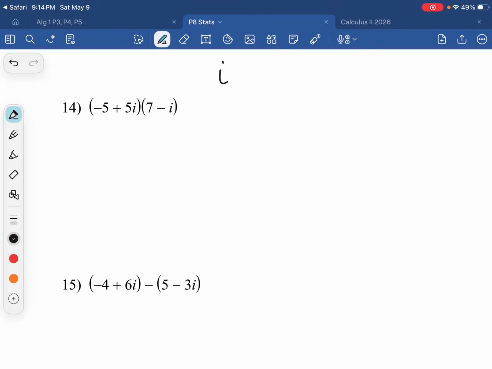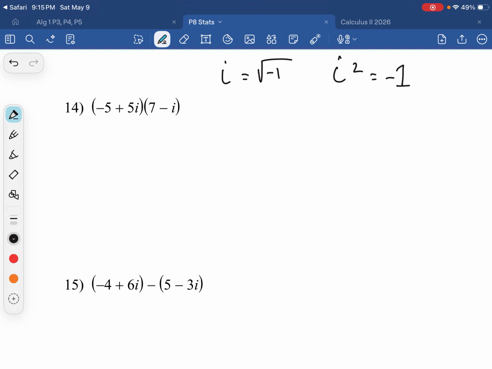Remember that i is equal to the square root of -1, and i squared is equal to -1. This would be -5 times 7, -5 times -i. 5i times 7. And 5i times -i.